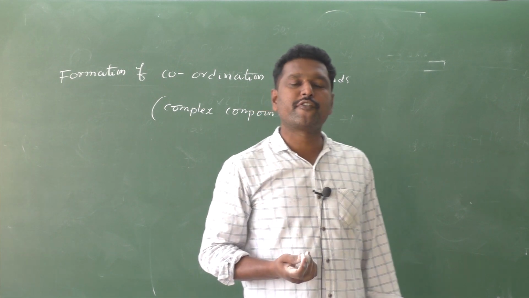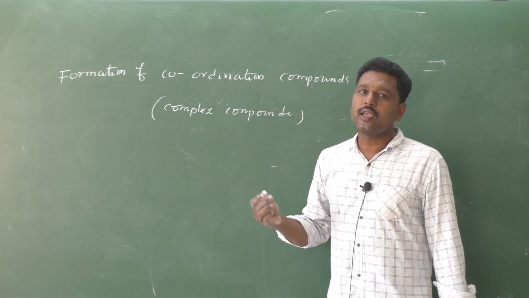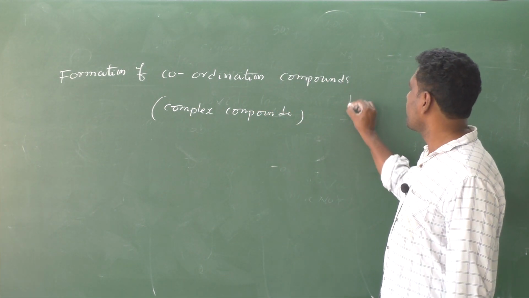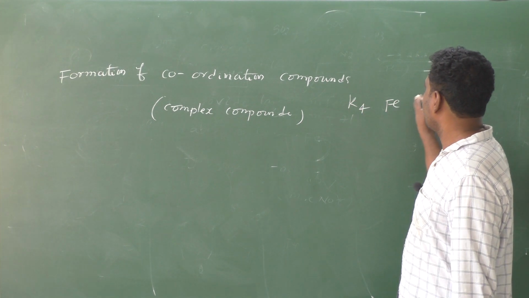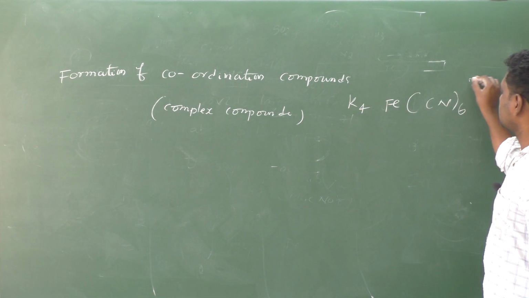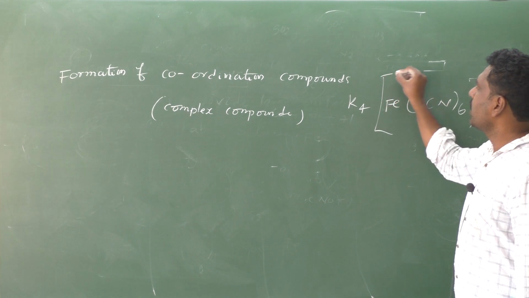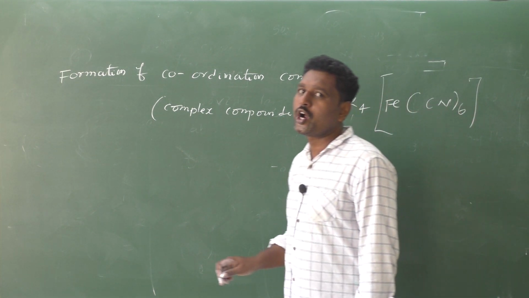These are special types of compounds. For example, K4FeCl6, potassium hexa compound, is a complex compound or coordination compound.